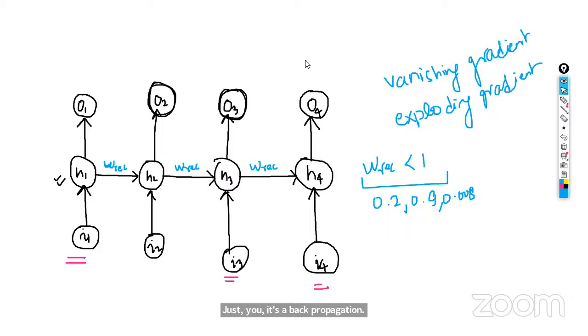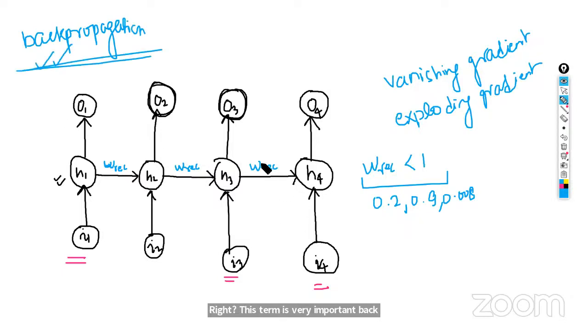Yes, exactly, guys. This term is very important, back propagation. So once, with the help of back propagation, the weight is being adjusted, at the backend there will be gradient calculation.